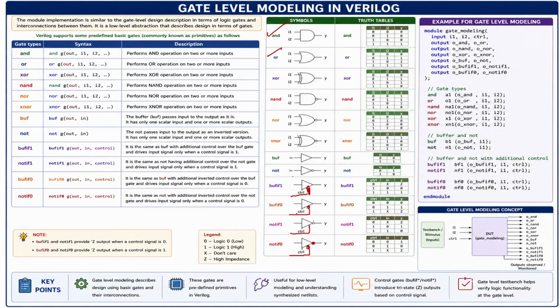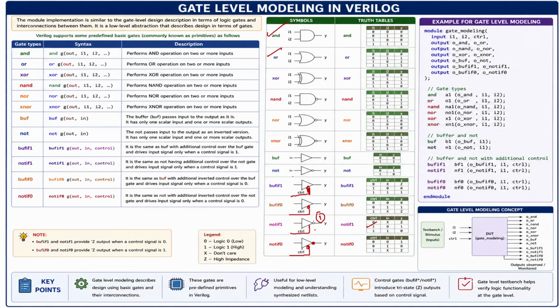For the notif operation, we give some control signal 1. If the control signal is 1, the input is 0, and it is converted by the inverting operation.